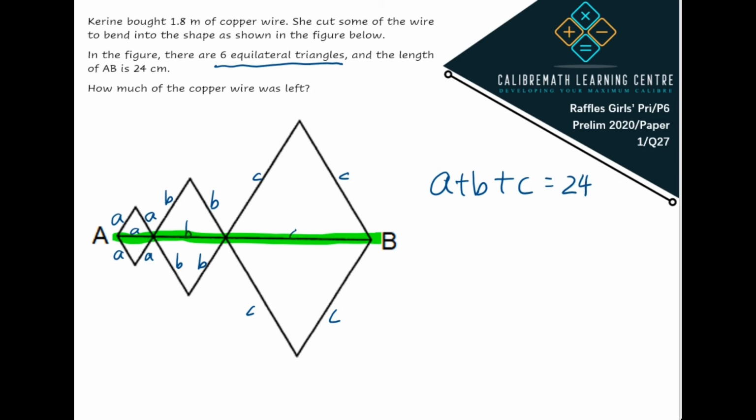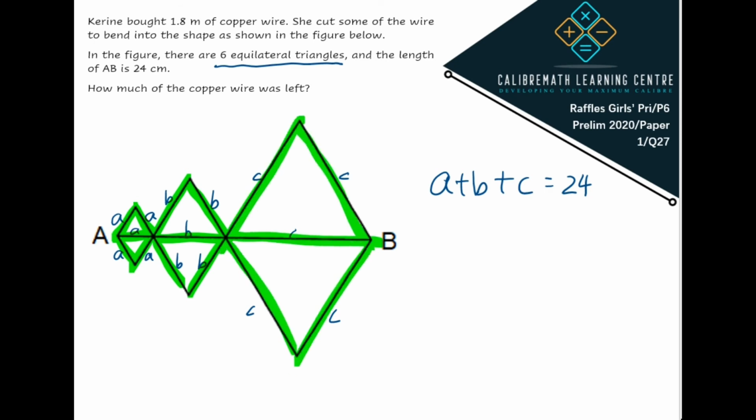So remember just now, we wanted to find the length of the wire that is used to make this figure. We can see that in the diagram. To make this figure here, we have 5 A's, 5 B's, and 5 C's.